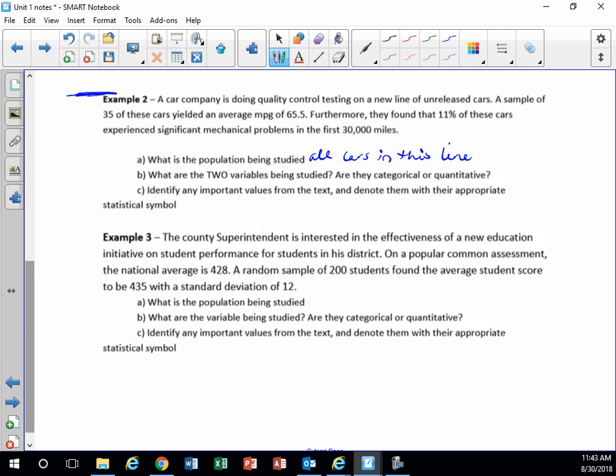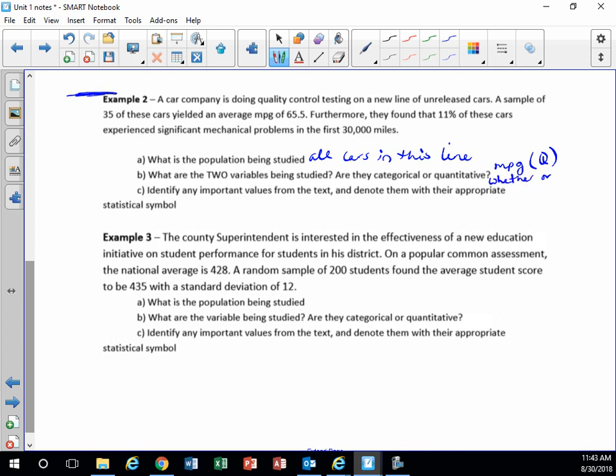There's like the average miles per gallon. Okay, so we'll just say miles per gallon, and that is quantitative. But you just kind of measure it in miles per gallon. Yes, it is what you measure it in, yes. What's the other variable, guys? Whether or not it had mechanical problems in the first 30,000 miles. Yes, so that's really fun for me to squeeze in here.